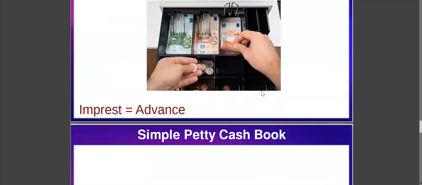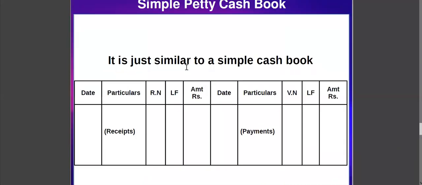The simple petty cash book is similar to a simple cash book. Columns: date, particulars, receipt number, voucher number, ledger folio, amount.